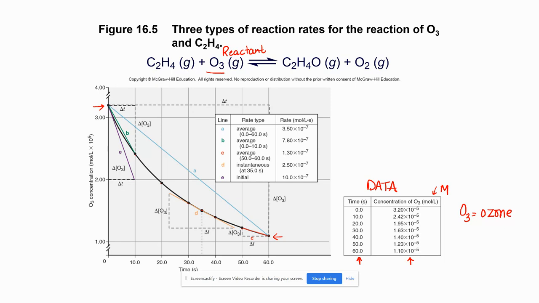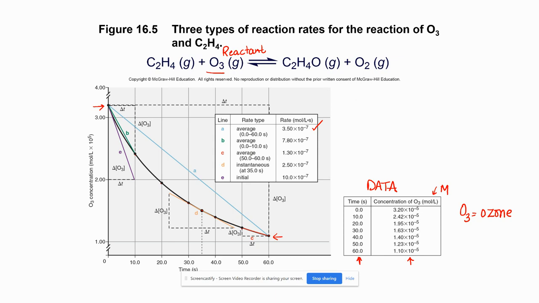So if we look here, the first one, and I'm going to just do a check, that's the average rate over the time interval of 0 to 60. And the average rate there is 3.50 times 10 to the negative 7.